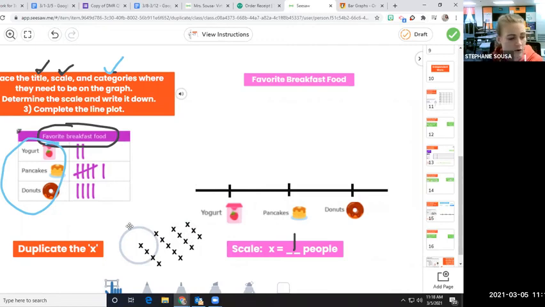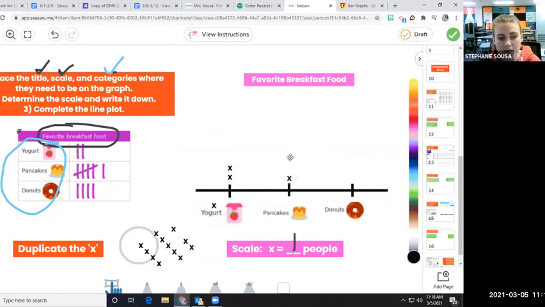All right, according to our frequency chart, yogurt has 2 votes. I'm going to place 2 X's in the yogurt category to represent those 2 votes. You do the same. Pancakes, I have a group of 5 and 1, that's 6 votes. I'm going to place 6 X's directly on top of each other in pancakes.